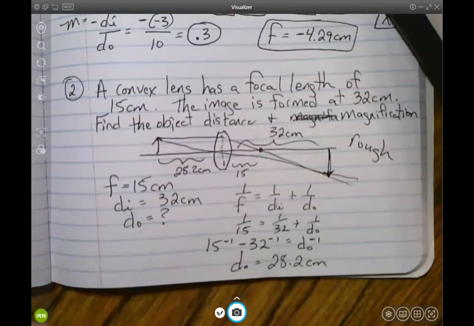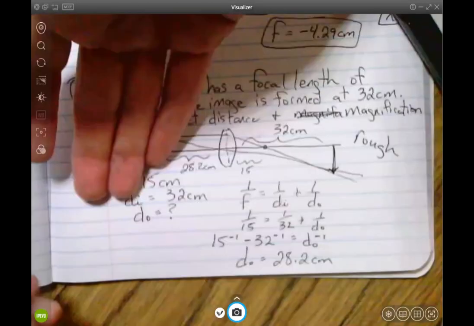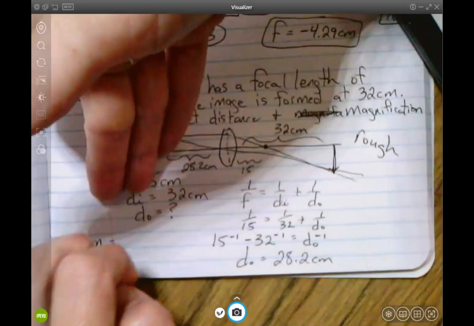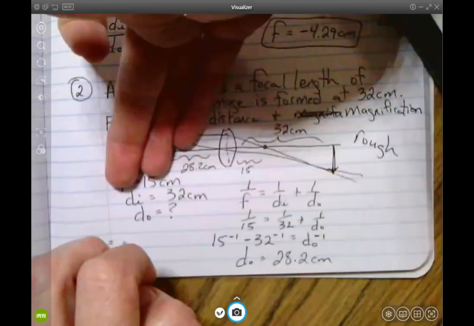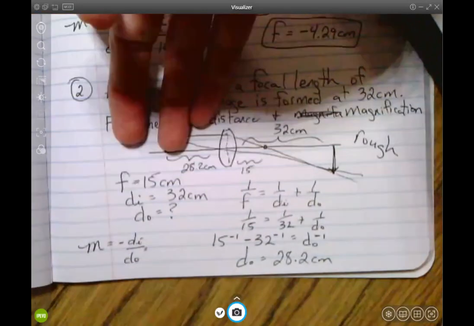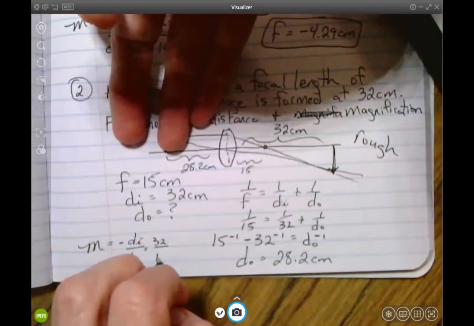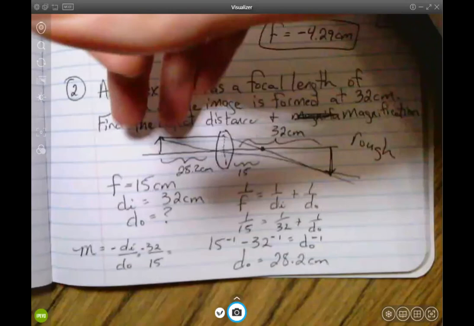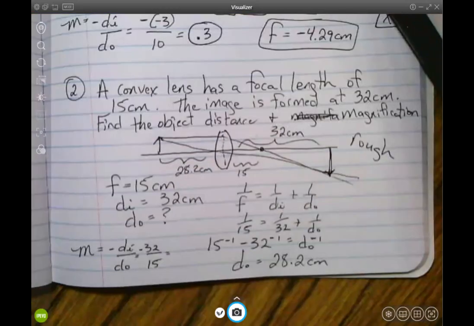All right, let's talk about magnification. What is the magnification? Try to calculate the magnification real quick. Oh, I did this wrong last year.